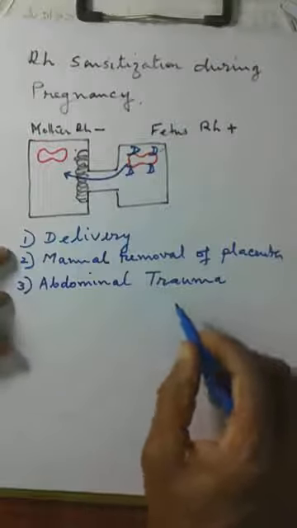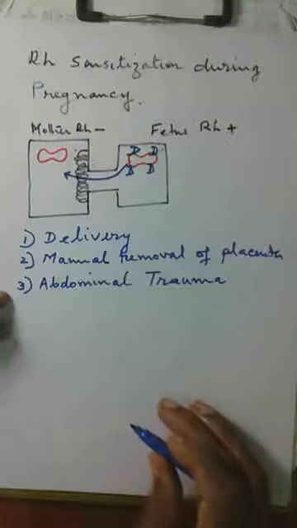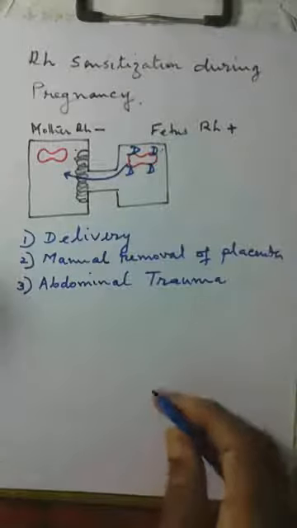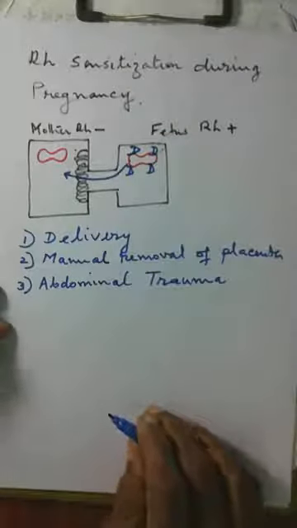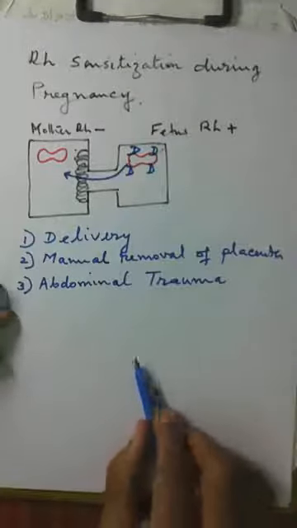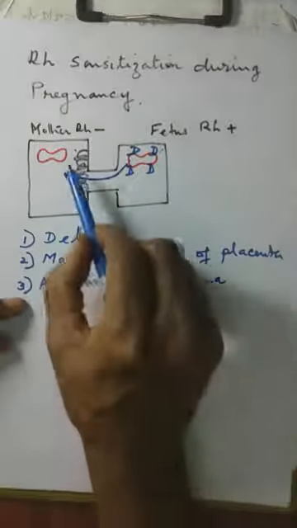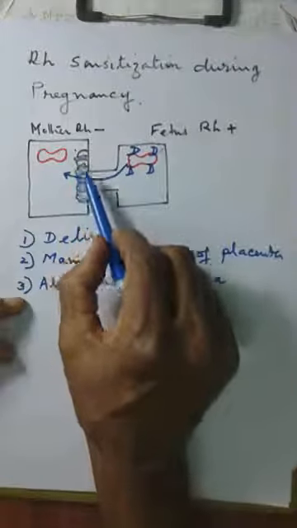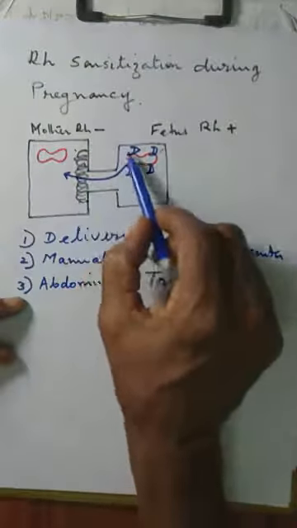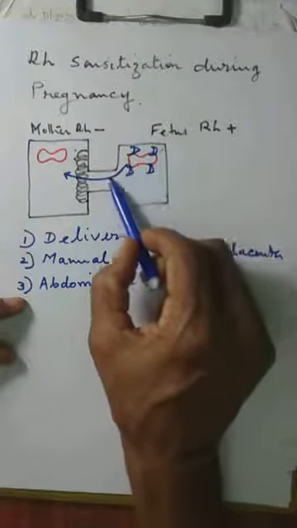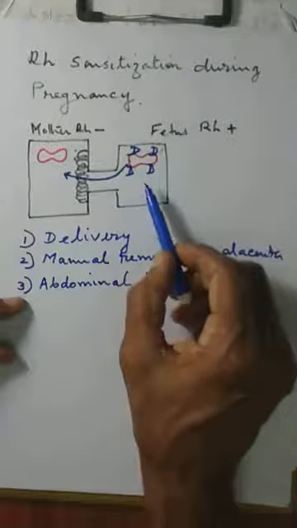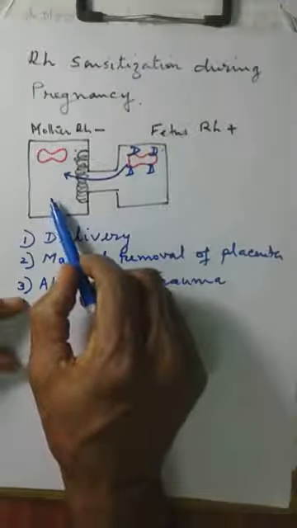Trauma means injury happened by some accident or some other means. If it is a big accident, there can be a chance to disturb the integrity of this placenta, and the RBC may pass from fetal blood to maternal blood.